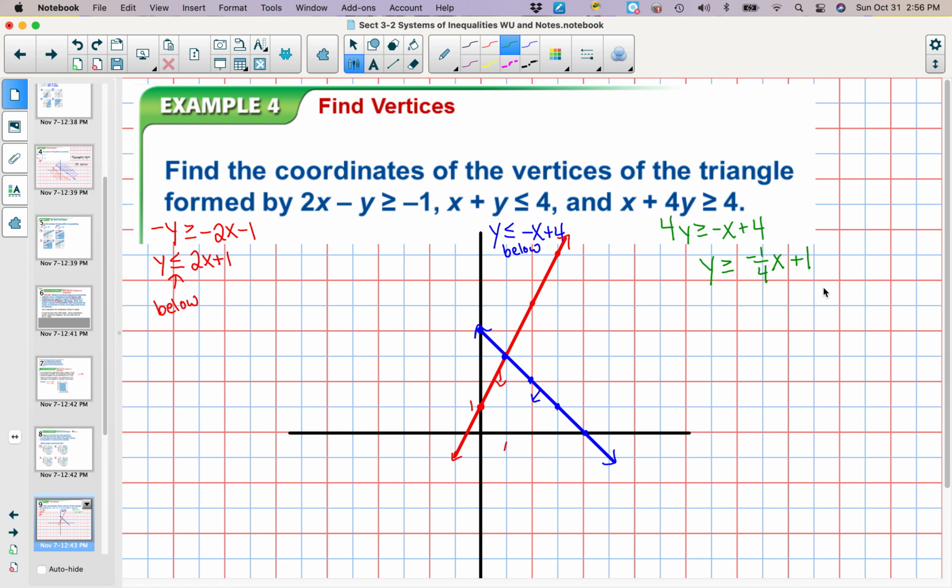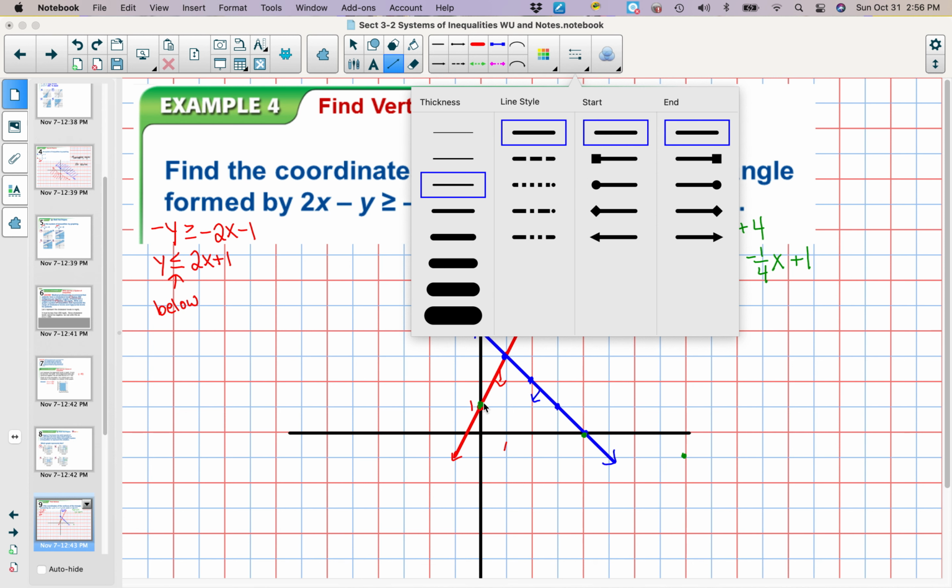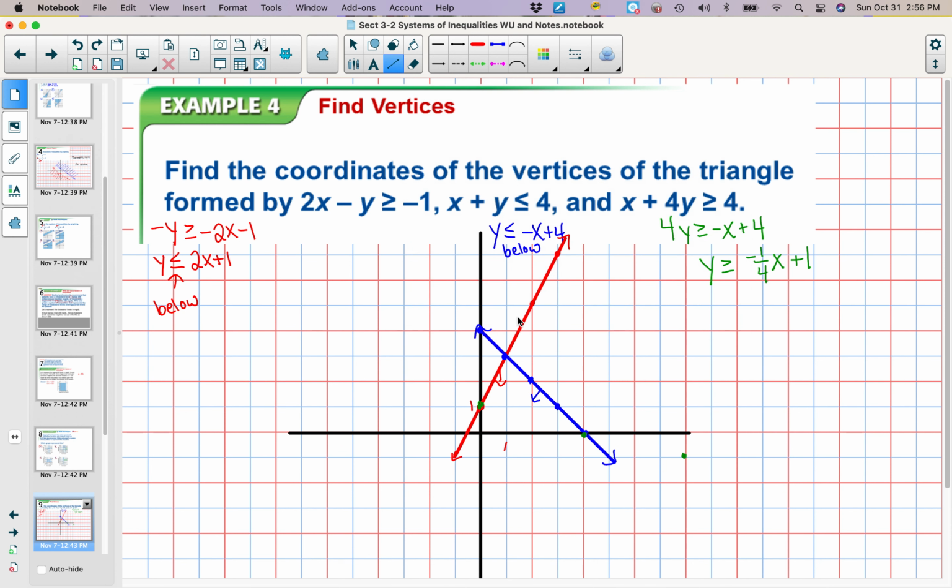And for the last one, my y-intercept is 1. I have a slope of negative 1/4, so down 1 over 4. And when I graph that line, I get this region.